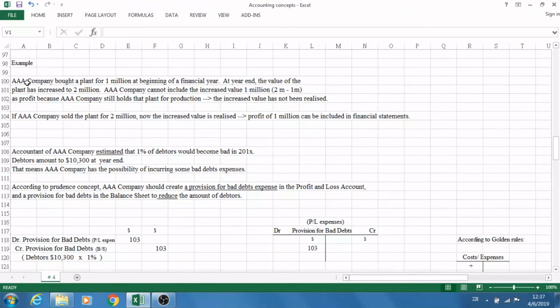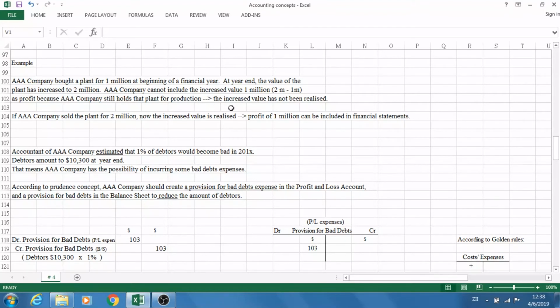Example: AAA company bought a plant for 1 million at the beginning of a financial year. At year end, the value of the plant has increased to 2 million. AAA company cannot include the increased value of 1 million, that is 2 million minus 1 million, as profit because AAA company still holds the plant for production.